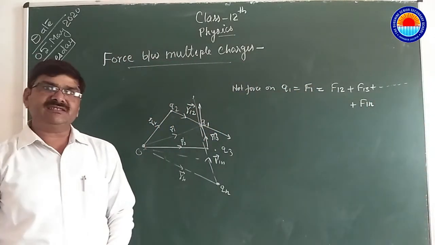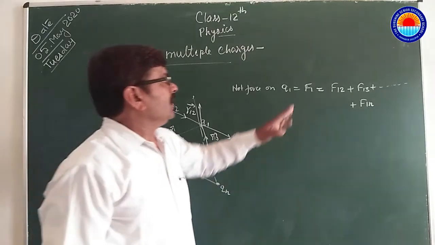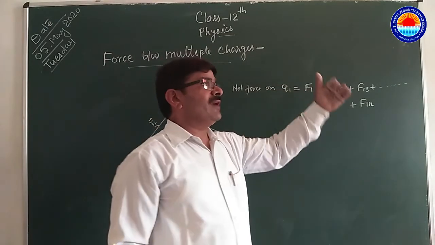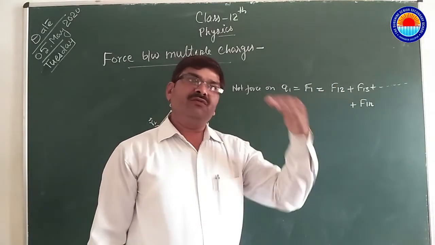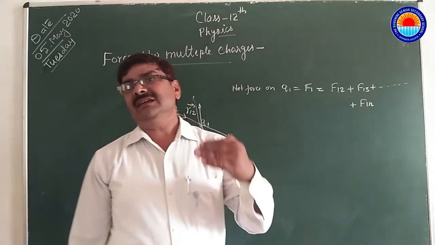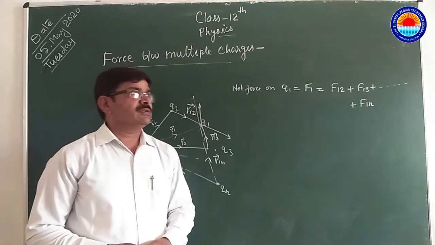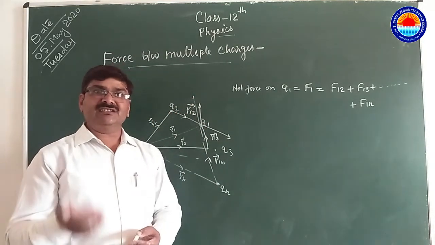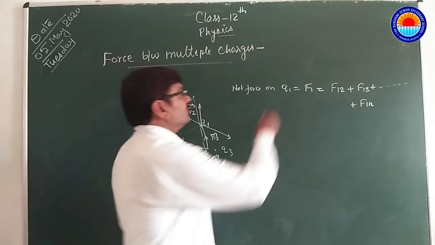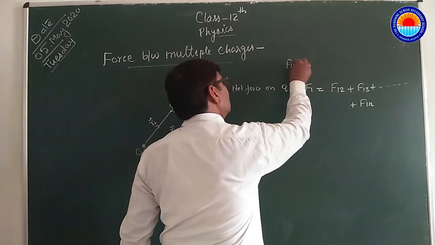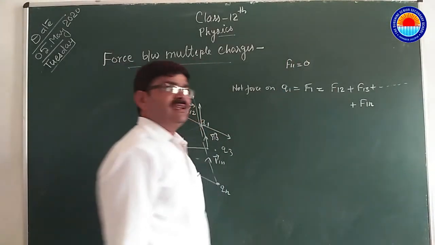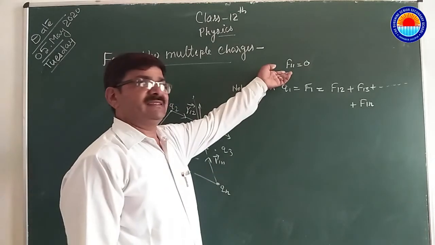Here a question arises: why is force due to the first charge not applied on the first charge? Force applied by a charge on itself is 0. Force on charge 1 due to 1 is 0. Due to this we will not mention it.